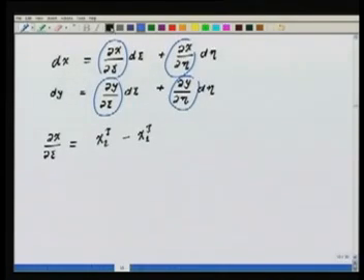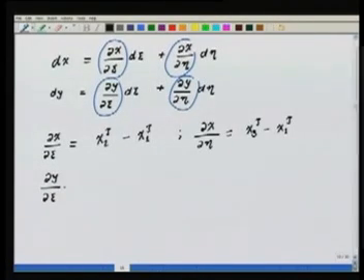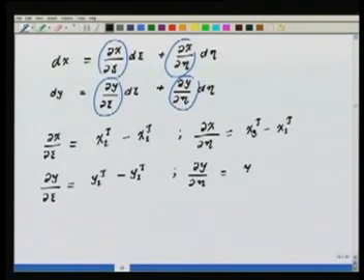Similarly, del x del eta is equal to x3 tau minus x1 tau, and del y del psi is y2 tau minus y1 tau. Del y del eta is equal to y3 tau minus y1 tau.